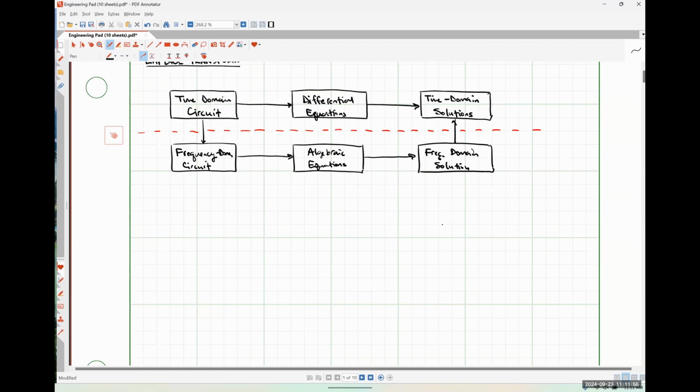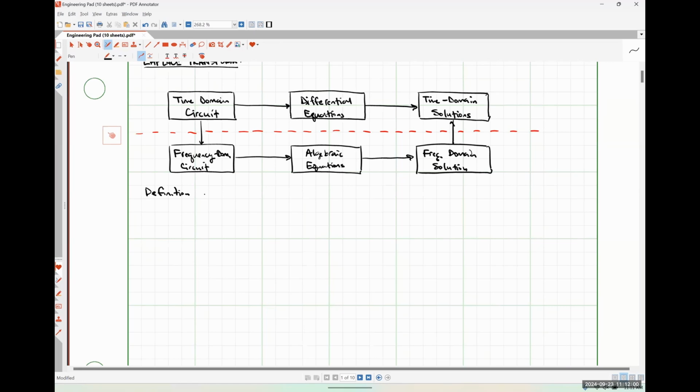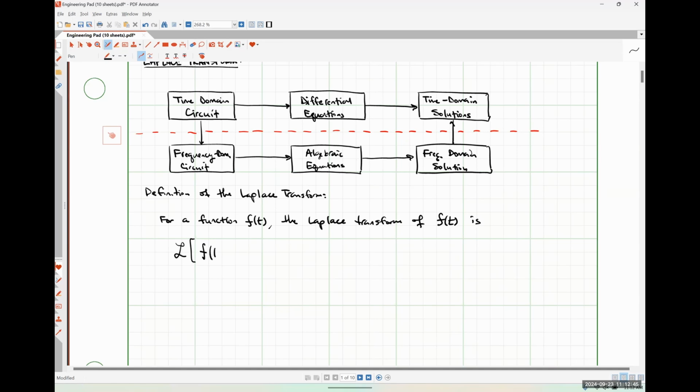So let's define the Laplace transform. So if I have a function, the Laplace transform of f of t is defined to be, so I'm going to use a big curly L. So the Laplace transform of our function f of t will be the integral from 0 minus to infinity.